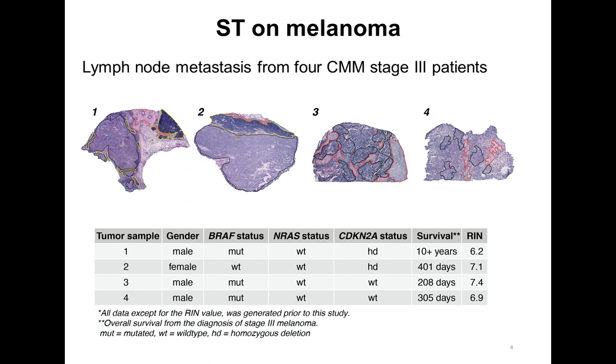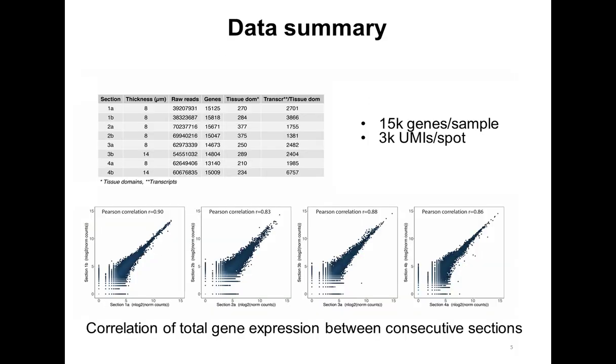First, we optimized the protocol for lymph node metastasis and then prepared the ST libraries on these 4 biopsies in duplicates, as well as had them examined by a pathologist who annotated areas of melanoma, lymphoid, and stromal tissue. The samples had been previously genotyped for some common mutations, and we also had information of the outcome of each patient, and they had been classified as long and short-term survivors.